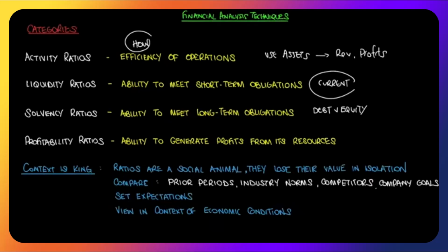Profitability, for most people, the ones you're more familiar with, is the ability to generate profits from its resources. Things like net margin, as I keep saying, I think we're going to be fairly familiar with. But all net margin is telling you is how you turn your revenue into profit. That doesn't really tell you anything about how you used your resources.